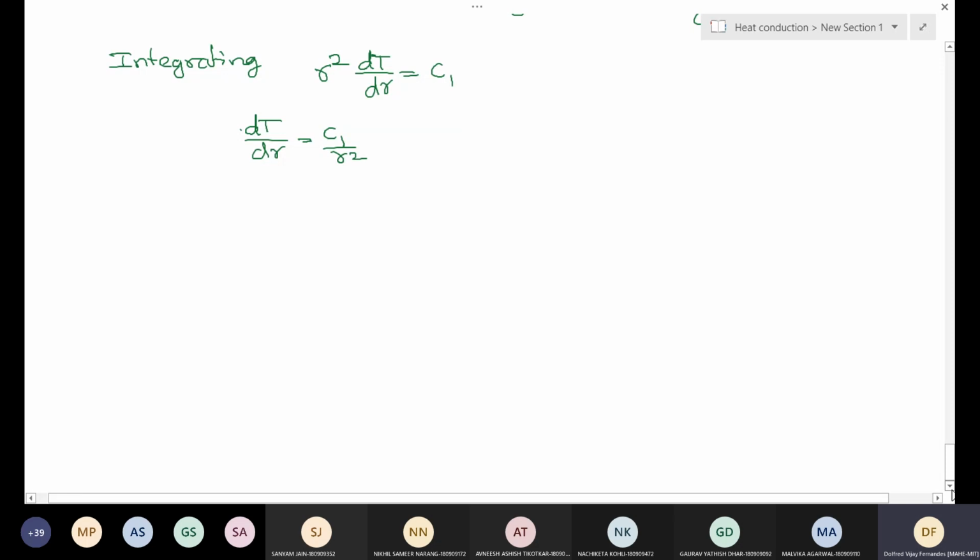Tell me what do you get? T is equal to minus C1 by r plus C2. We did the integration once again, so you can write T as a function of r: minus C1 by r plus C2. Now again apply the boundary conditions.